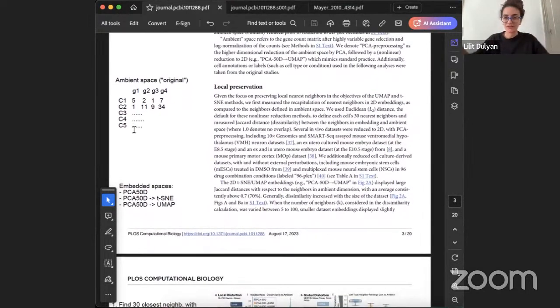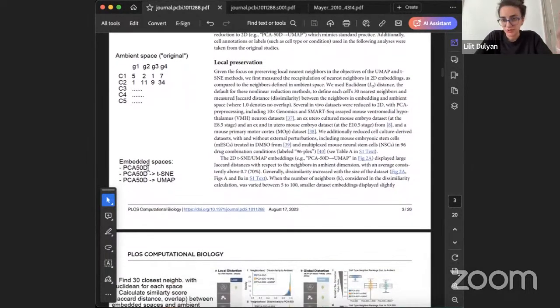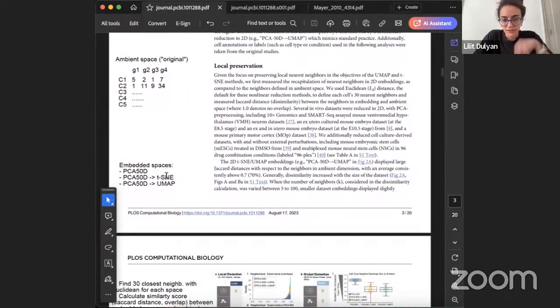But let's say we have this huge dimensional data set and we have embedded spaces. In this study, they tried 3 embedded spaces. One is a principal component analysis, with which they reduced their dataset to 50 dimensions. So they took the first 50 principal components.